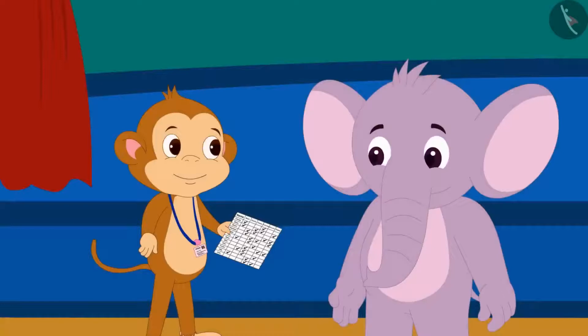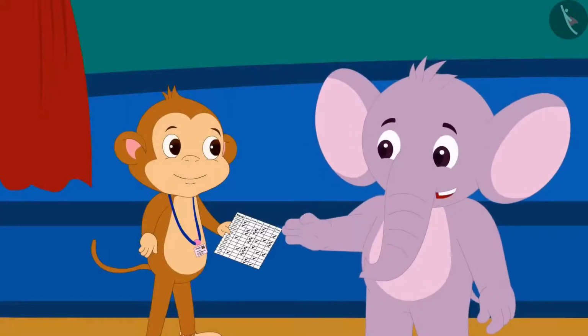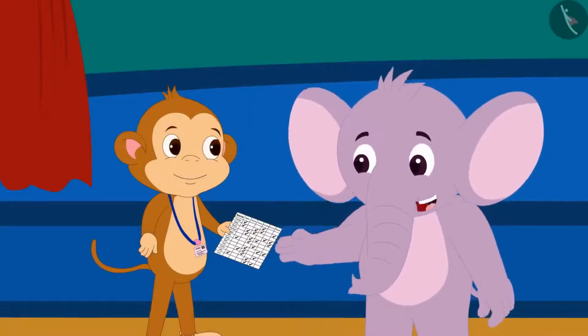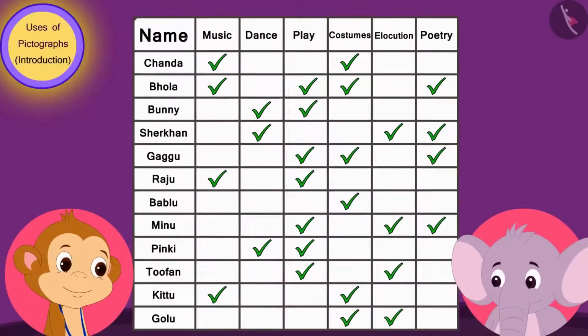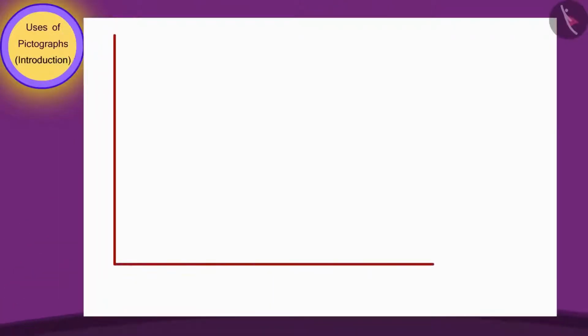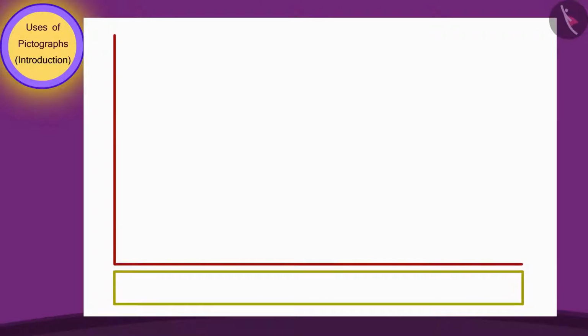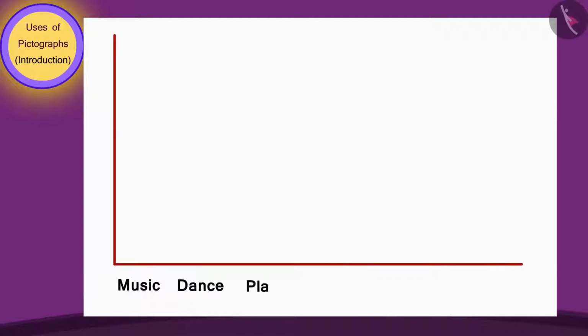Appu said, "Don't worry, Babban. I will tell you a simple way to do this." Appu saw Babban's table and drew 2 lines like this on a paper. He first wrote down the names of all the programs near the lower line.